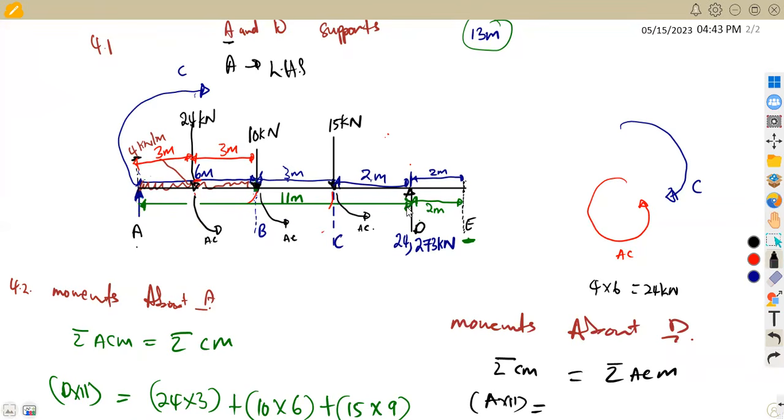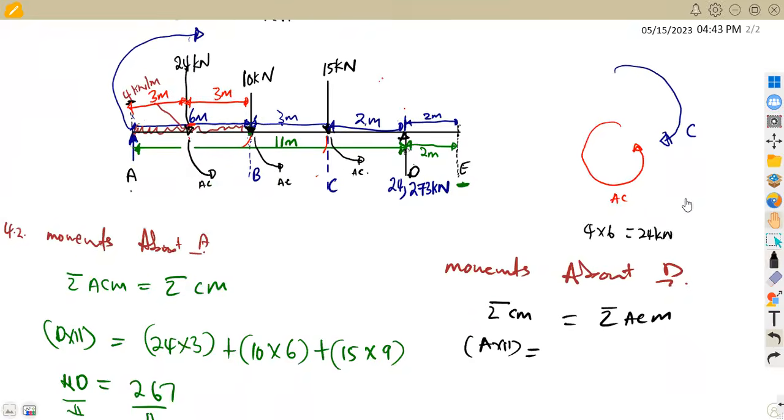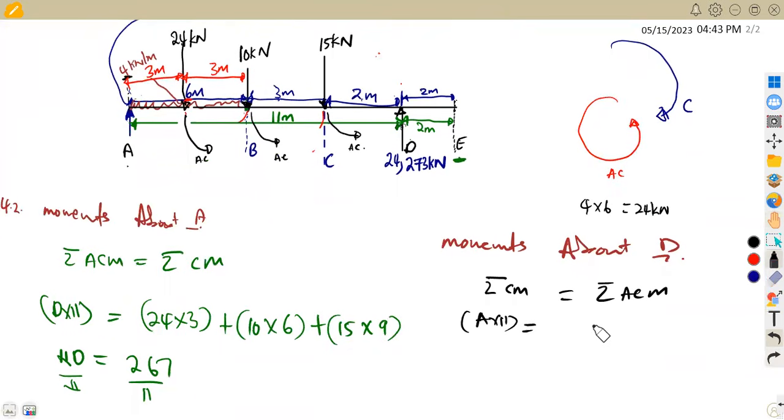You're going to start with the first one just near to D, which is the 15. So it's 15 back to D. There's a difference of 2 meters, force times distance, so it's 15 times 2. Plus, I'm still having another anti-clockwise of 10 kilonewton back to D. So this is 2 meters plus 3, which is 5.